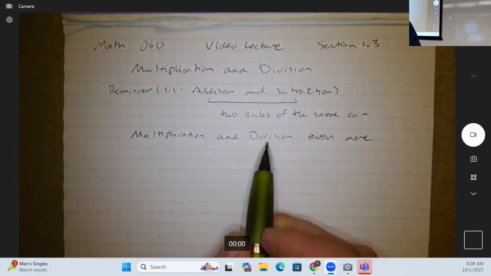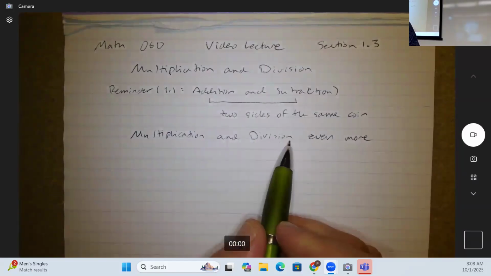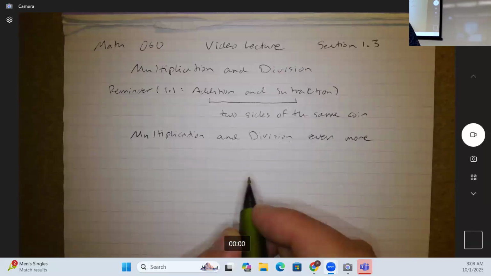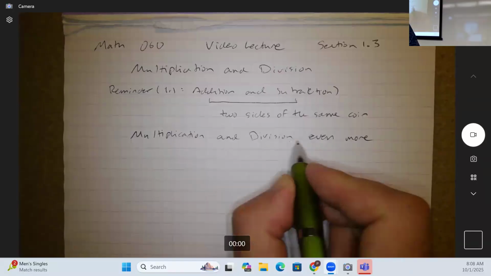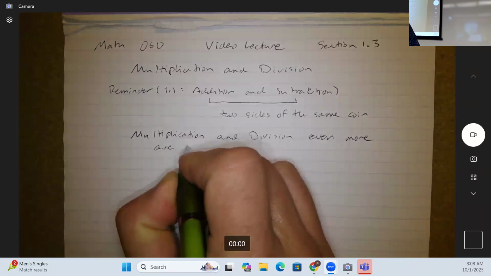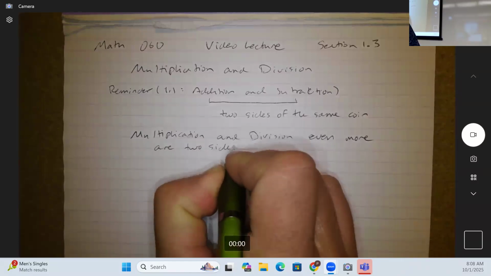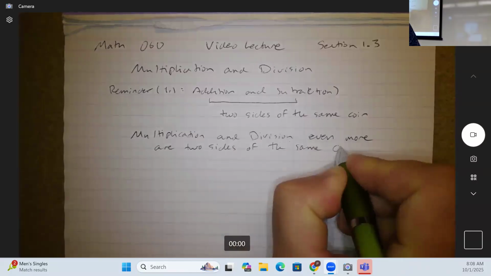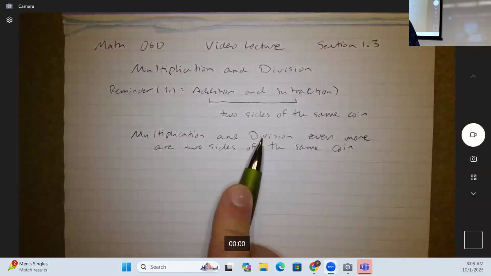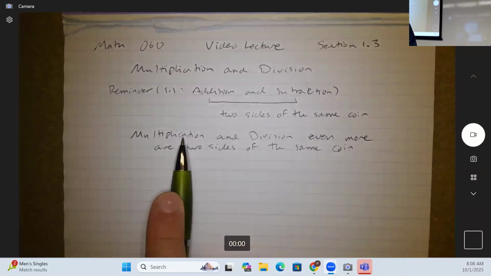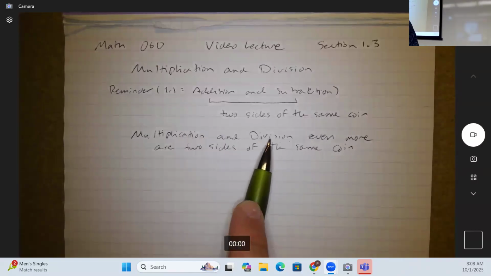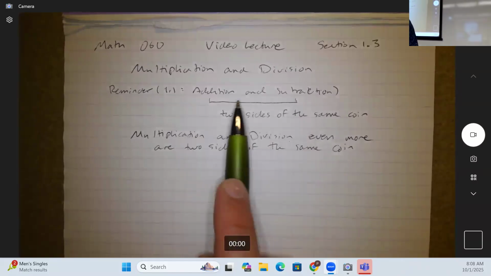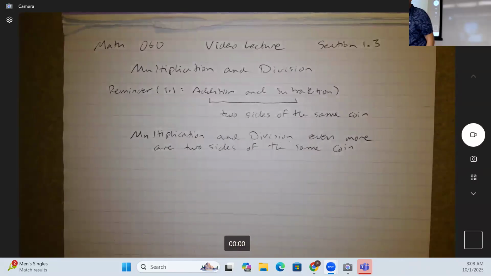But a lot of times when we're working with complicated division, it makes more sense to write it as multiplication. So multiplication and division even more are two sides of the same coin. We are more often going to write division as a type of multiplication than we need to do when we work with subtraction.